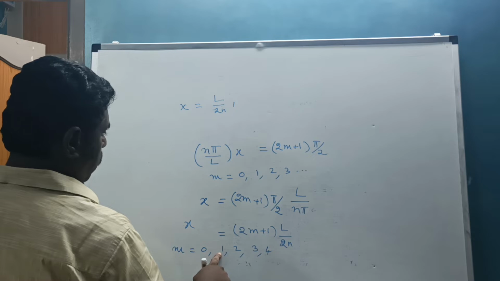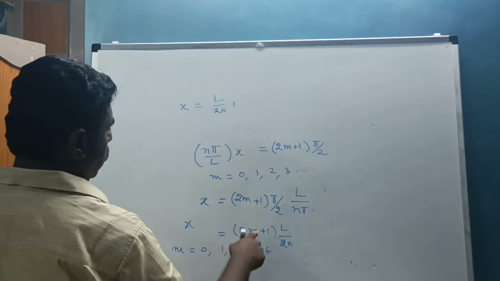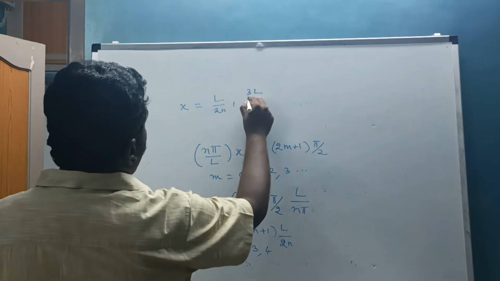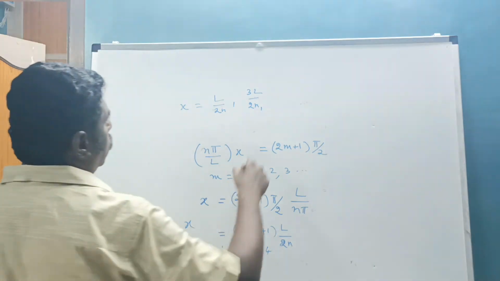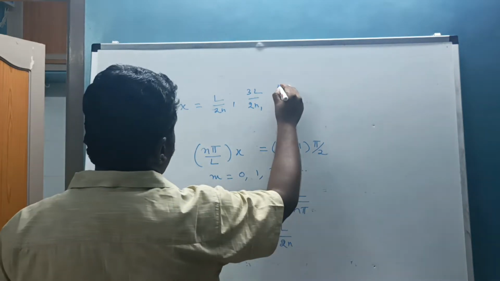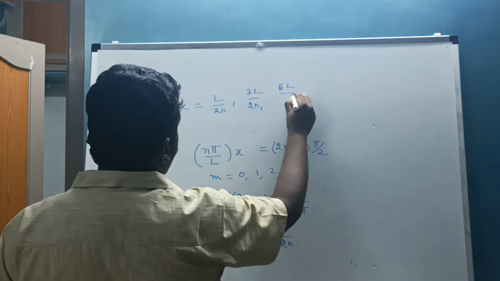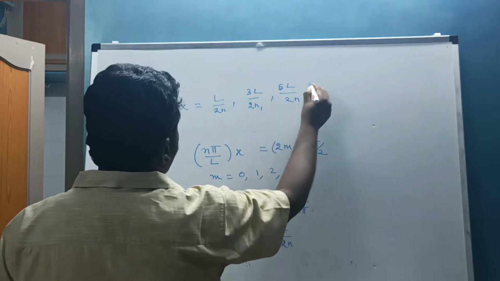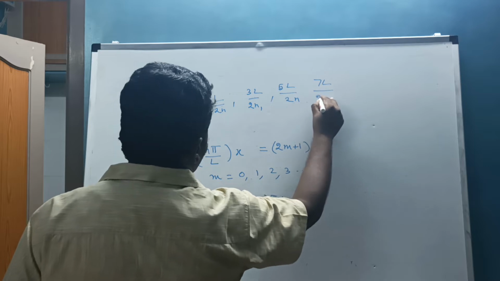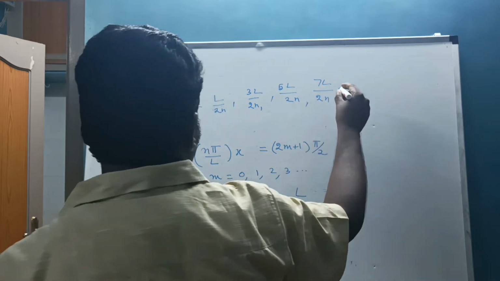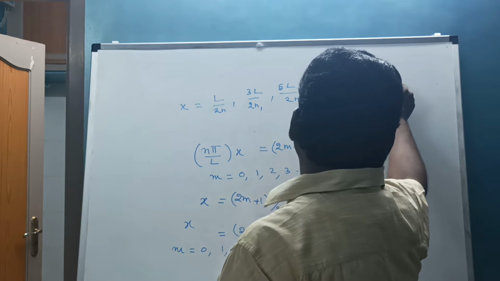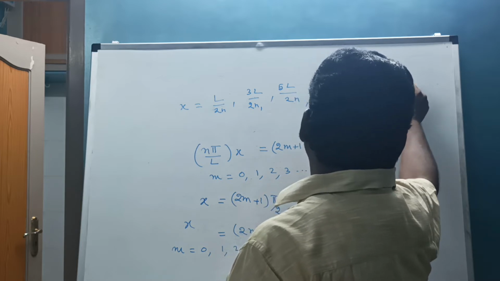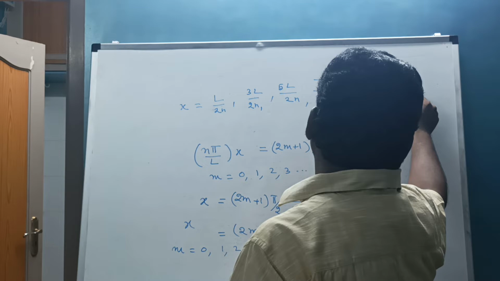If you put m equal to 1, we can get 3L divided by 2n. Then m equal to 2, we can get 5L by 2n. Next one is 7L divided by 2n. Then the series is going up. It ended with (2n minus 1) into L by 2n.